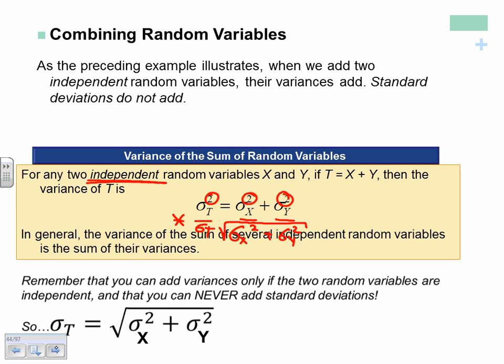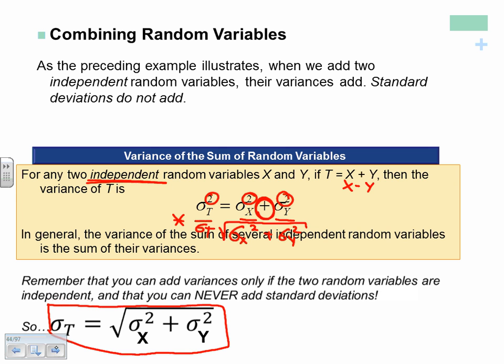Okay? So you can never just add or subtract the standard deviations, and you are always adding when it comes to variances. Even if it said x minus y, this one's always a plus.